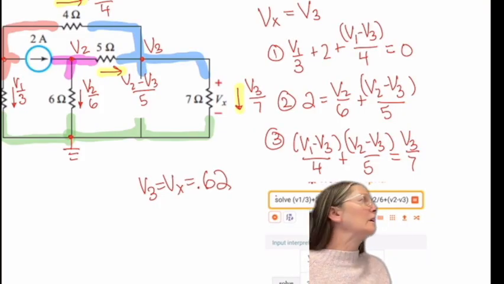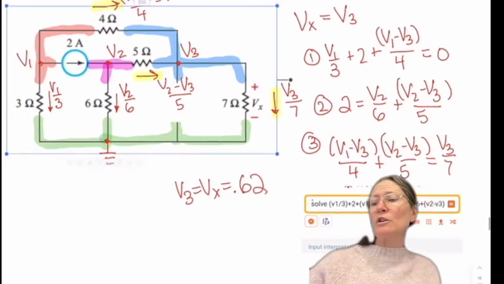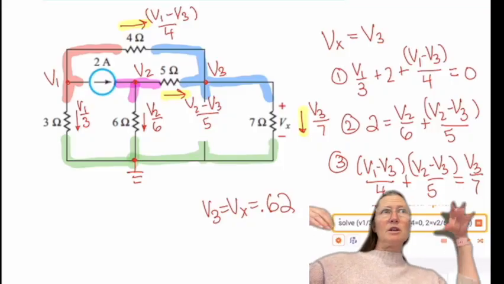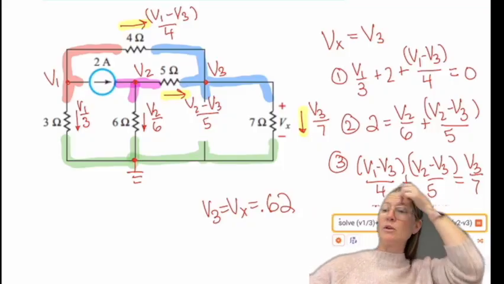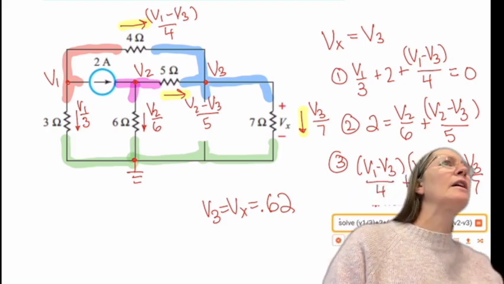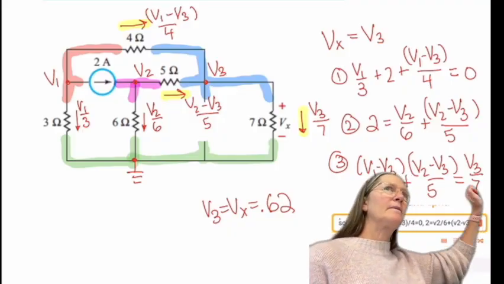So I could have written it as a minus V3 over 7 there, equals 0. So you can define these currents going the other way, and if all of them were defined the other way, then it would be summing them. But then it would be V3 minus V1 over 4. So it would be opposite that expression. Does that make sense?